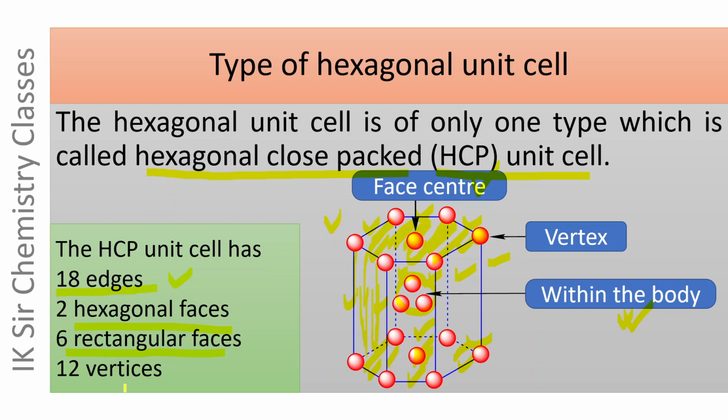There are overall 12 vertices: 6 vertices on the top face and 6 vertices, 1, 2, 3, 4, 5 and 6, on the bottom face. It is obvious that an HCP unit cell contains 18 edges, 2 hexagonal faces, 6 rectangular faces and 12 vertices.